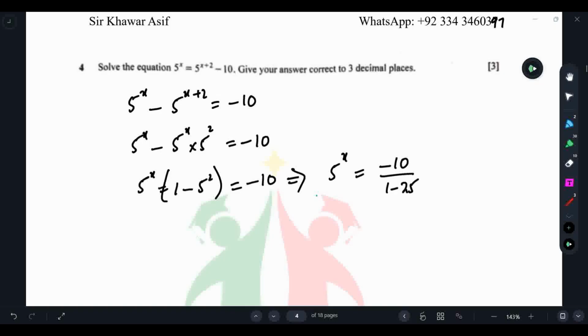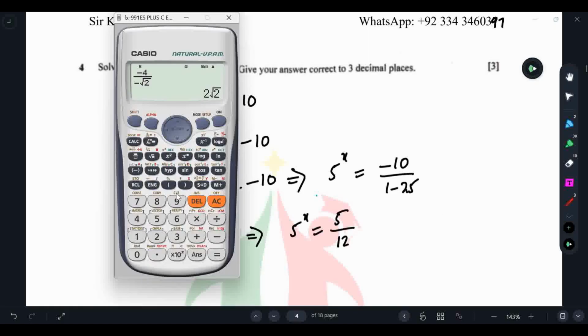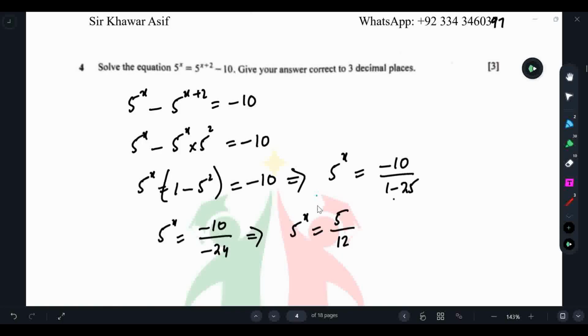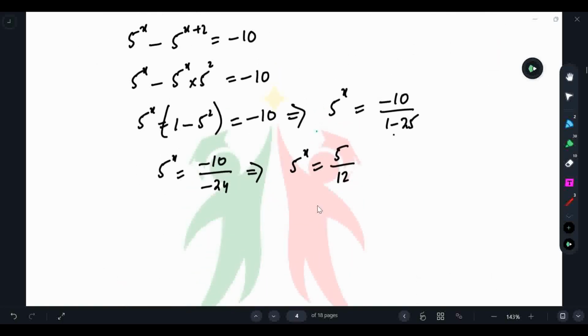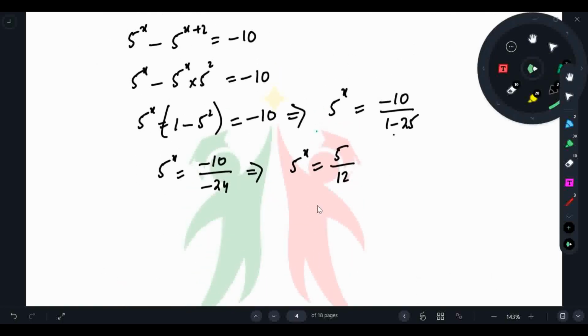Now we can write it as 5 power x is equal to negative 10 by negative 24, and then 5 power x is equal to 5 by 12. So 5 by 12, let me check this one, 10 divided by 24 is equal to 5 by 12.